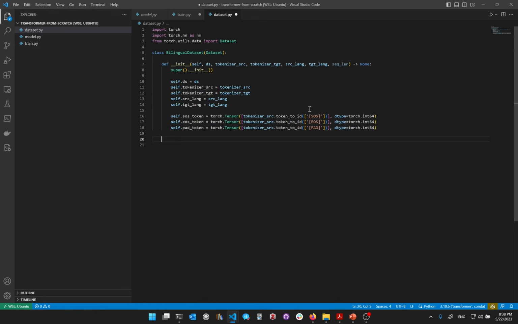We also need to define the length method of this dataset, which tells the length of the dataset itself. So it's basically just the length of the dataset from Hugging Face. And then we need to define the getItem method.